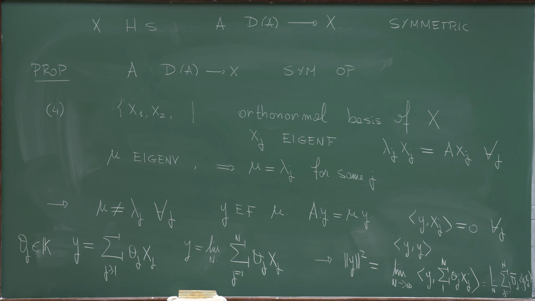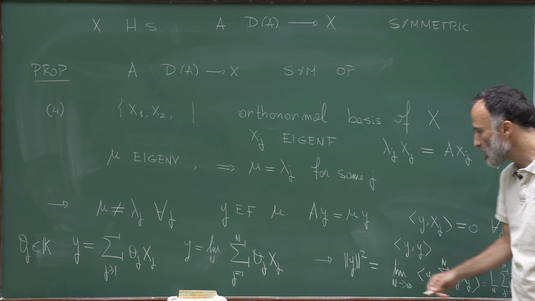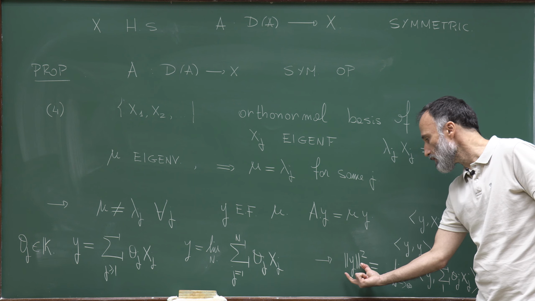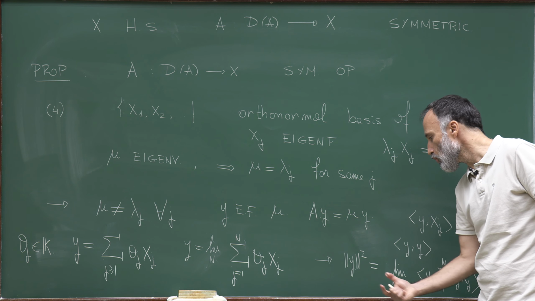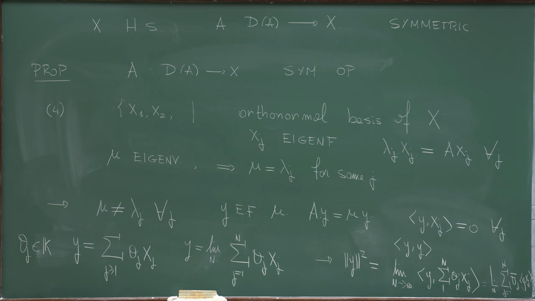But y is orthogonal to xj, so this is 0, so this sum is 0, and from that we conclude that the norm of y is equal to 0, because all these partial sums are equal to 0 because y is orthogonal to xj.